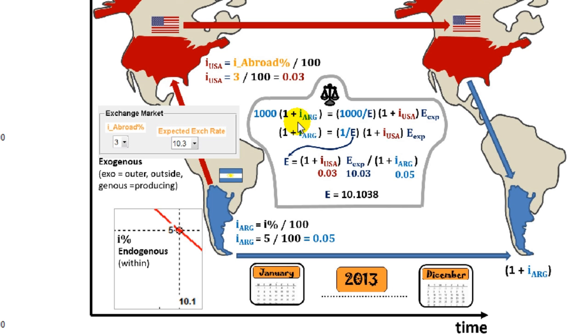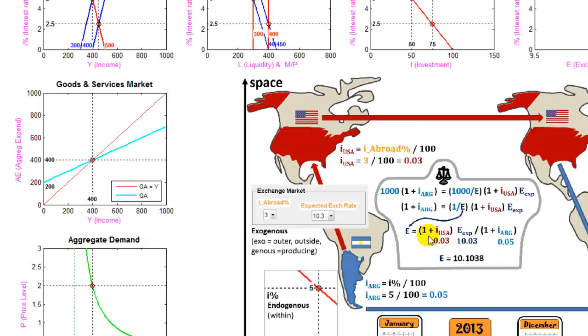So this is the money that I get in 1 year if I invest locally, and this is the money that I will get in 1 year if I go like this through the foreign country. So the exchange rate in equilibrium has this expression that we have seen in previous videos.